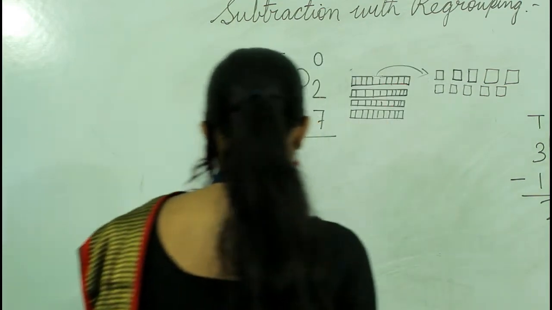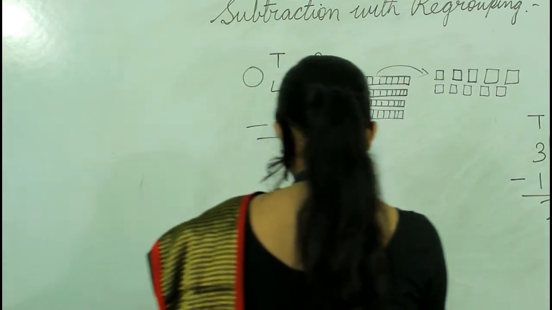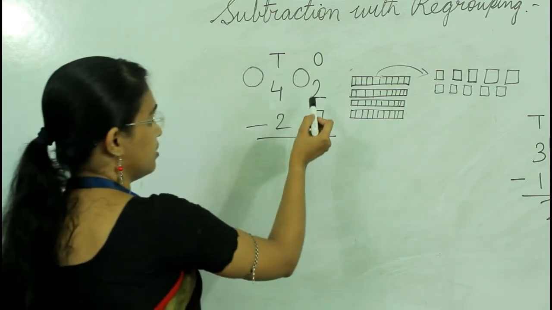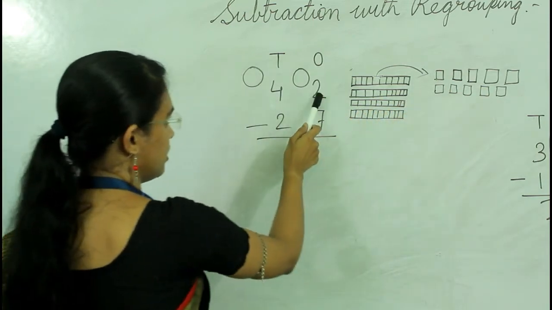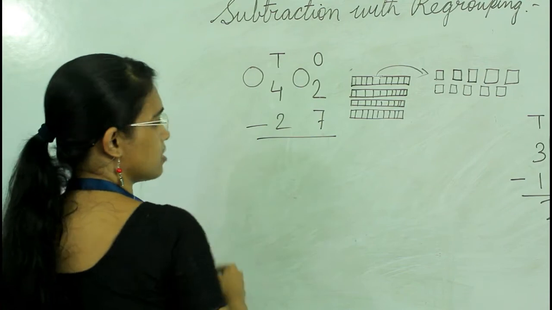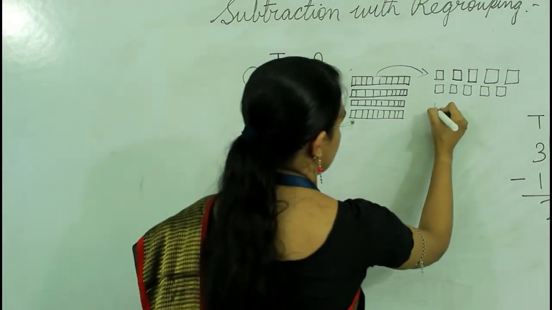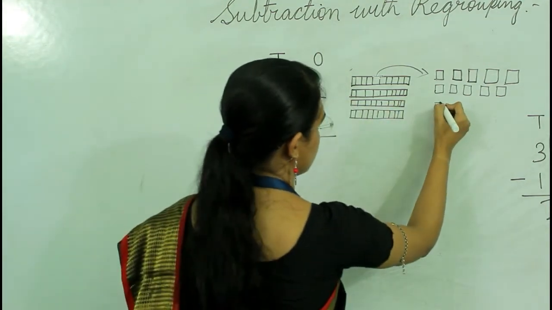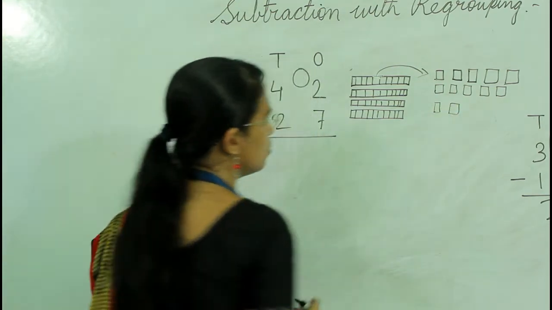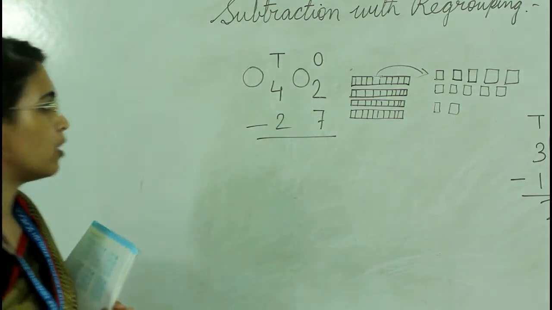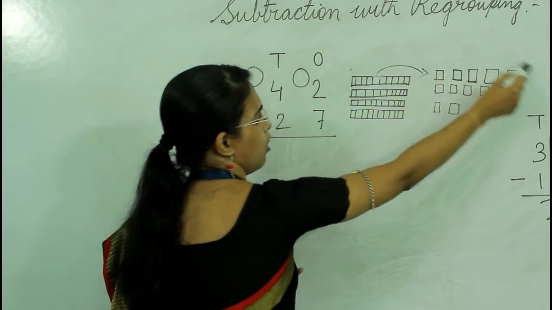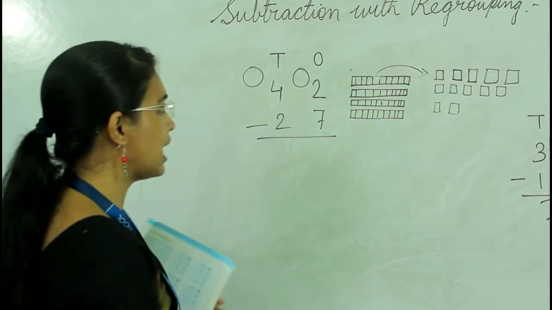So we have written 10 and we got this. Then which number is this? This is 2. So in the ones place we have 2. So put this 2 here. 1, 2. Okay. Now from all these blocks we have to cut.